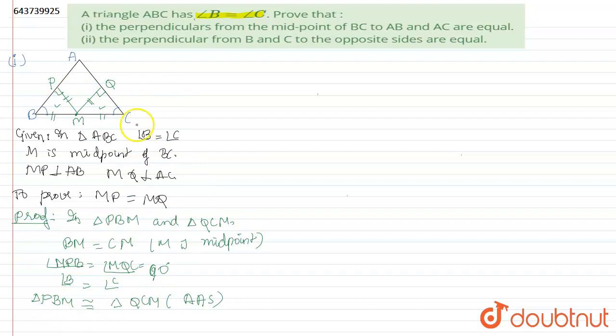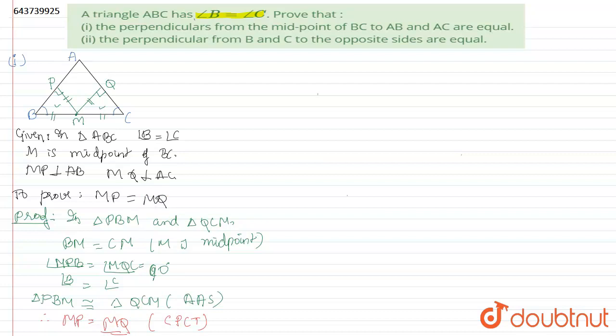If the triangles are congruent, we can conclude that the sides are equal. So MP is equal to MQ, corresponding parts of congruent triangles. So this is the answer for the first one.